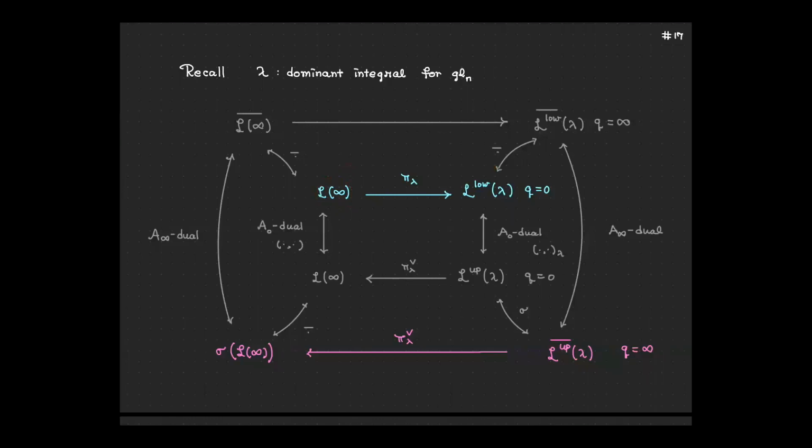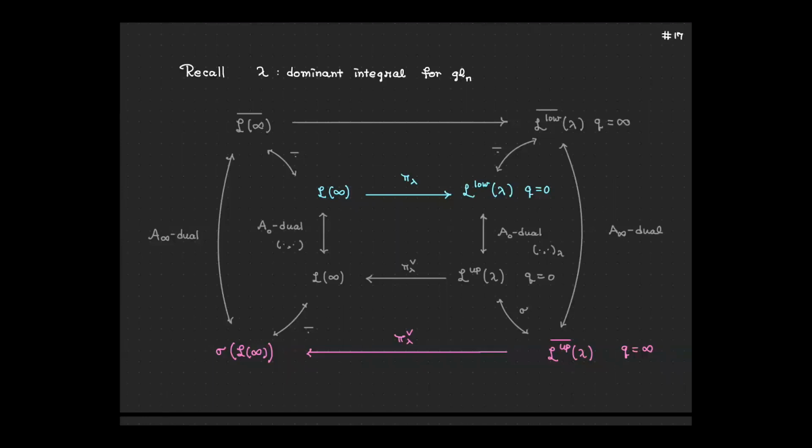But as I just mentioned, our crystal lattice for L0N lambda minus is the upper crystal lattice at Q equals infinity. So actually, it is compatible with the dual embedding into the crystal lattice of L infinity. So our situation is as follows.